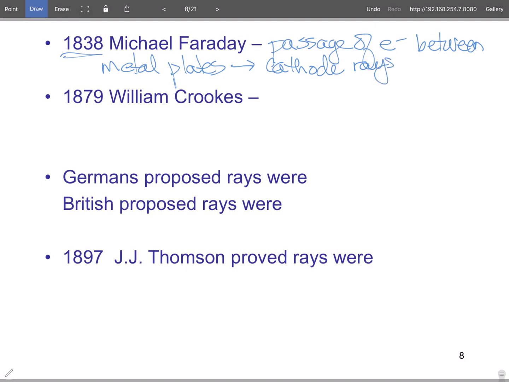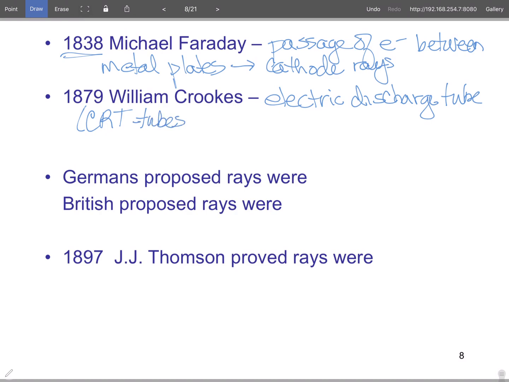Now, William Crookes was the one who developed an electric discharge tube. I'll show you a Crookes tube coming up, and that allowed them to actually study the cathode rays. And those have been modified to produce cathode ray tubes, called CRT.